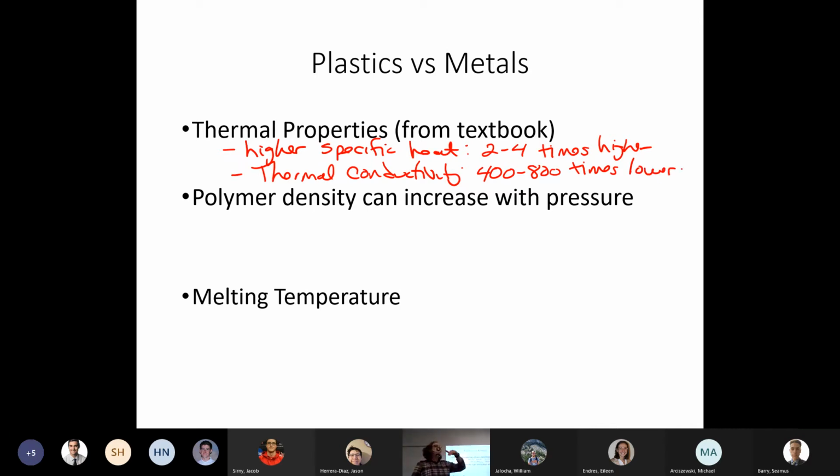While plastics have a lower melting temperature, we take a plastic to a much lower temperature than we do a metal.